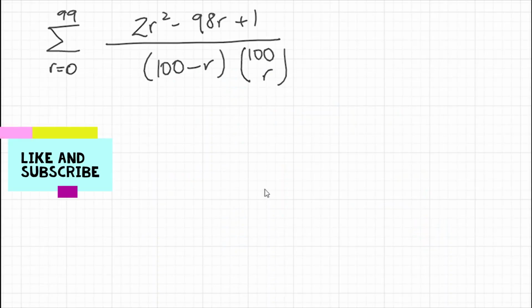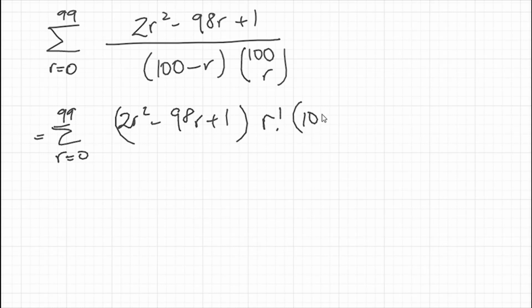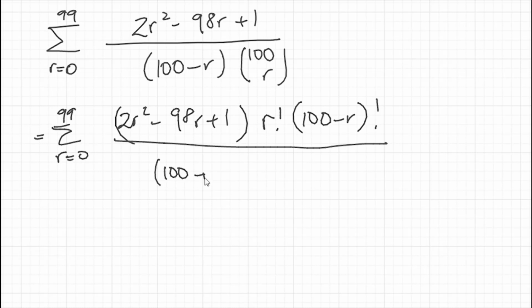Okay, so the first thing we want to do is just expand out this choose thing here, so 100 choose r. This is the same thing as the sum from r equals 0 to 99, the top stays the same, but then when we think of this 100 choose r on the bottom, that's 100 factorial divided by r factorial times 100 minus r factorial, so we can bring the denominator of that fraction up to the top, so we're going to get an r factorial there times 100 minus r factorial, and that's all divided by 100 minus r times 100 factorial.